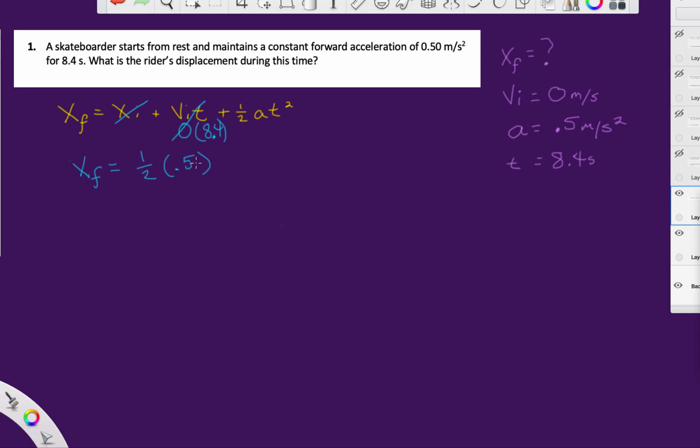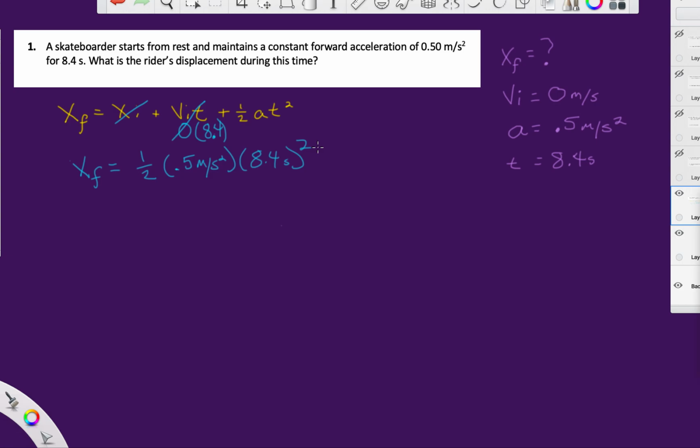And I'm sorry, I forgot to put the units there: meters a second squared times the time squared, 8.4 seconds squared. And if I get out my handy dandy calculator, I already have that information, right?